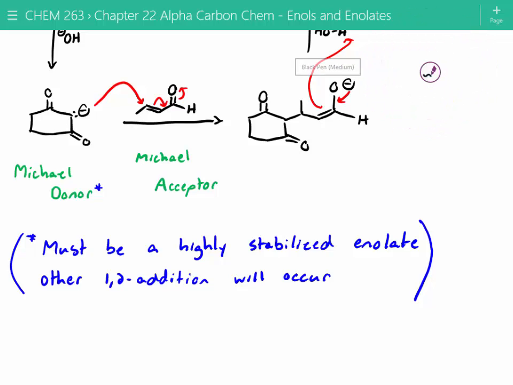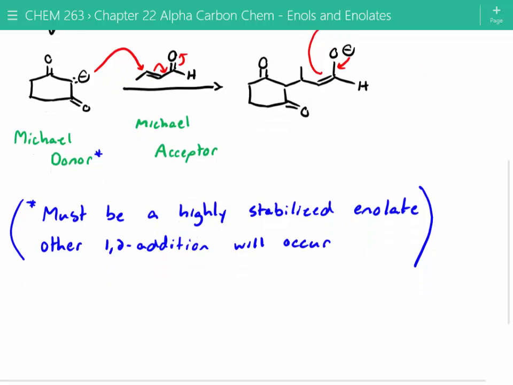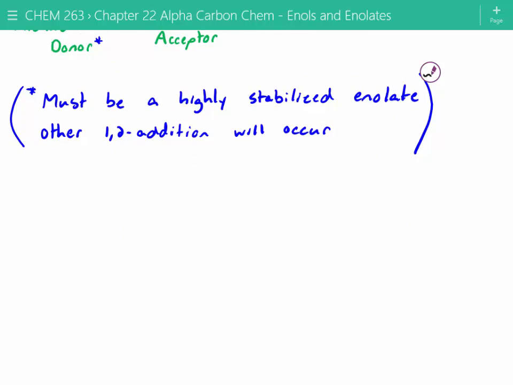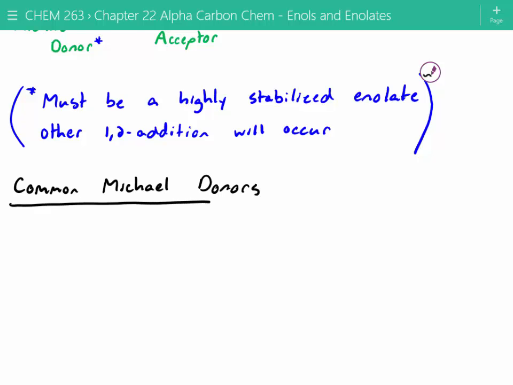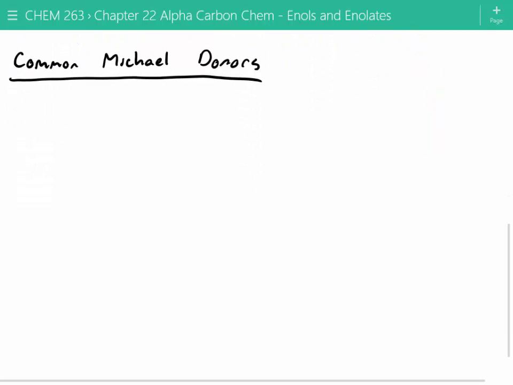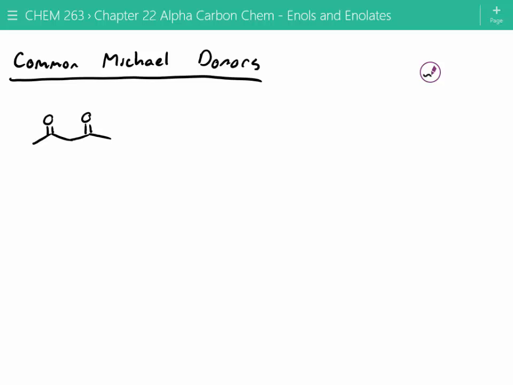All right, so now let's determine what Michael donors are most common, because there's usually a handful that you'll see. So a really, really common one, like I said, is in between two carbonyl groups.